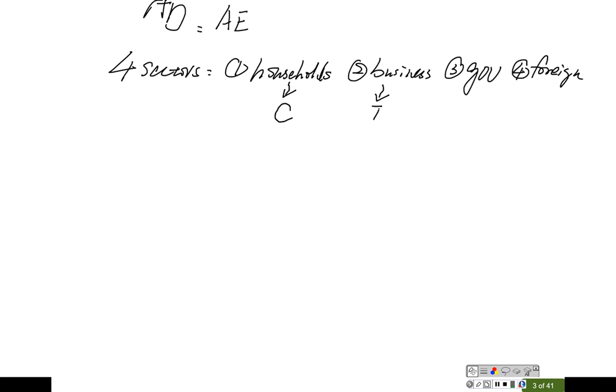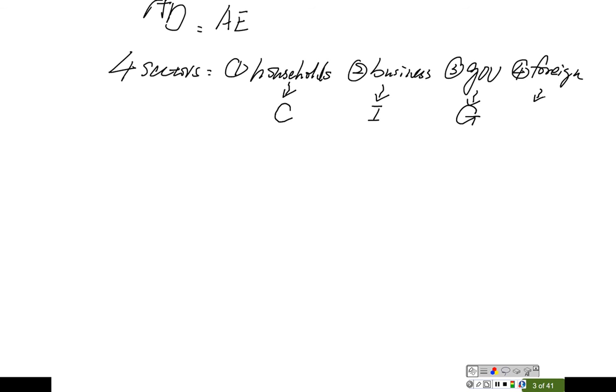So I here means the expenditure from the business sector. Government also spends money, and you can imagine central government, federal government, state government, local government, they all spend money on different activities, such as national defense, public education. So we use the letter G to represent the government spending.